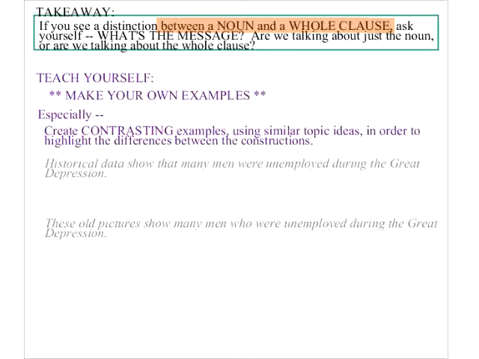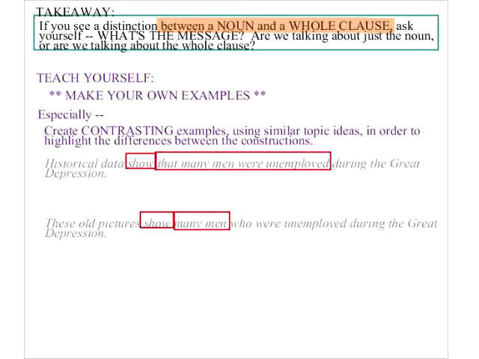These are both correct because they both mean what we want them to mean. What do the pictures show in this sentence? A picture can't show the idea that men were unemployed, right? The picture has to show somebody. So the picture actually shows men. But data don't show people's faces. They're data. But what the data can show is this whole idea that lots of guys didn't have jobs. So this would be correct, and this would also be correct.